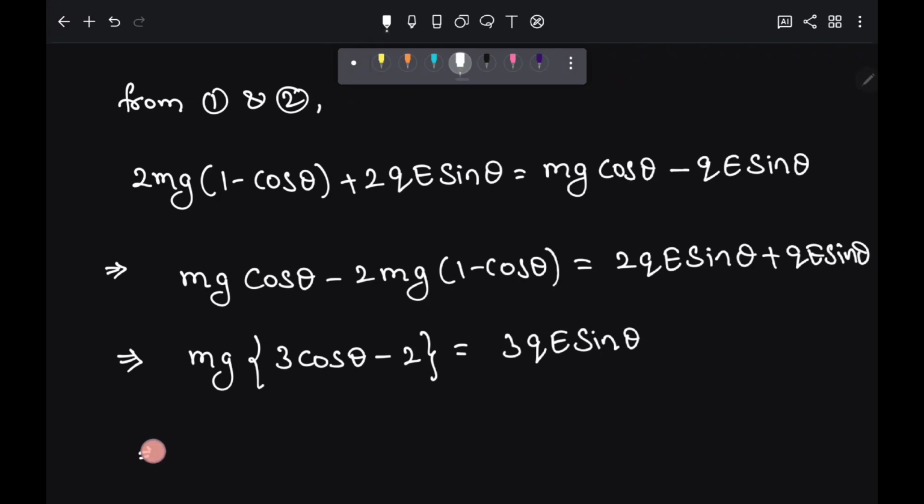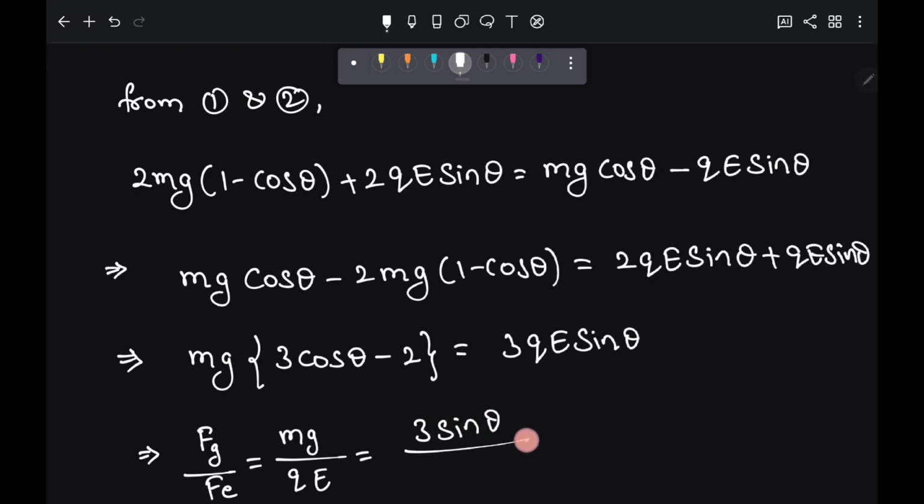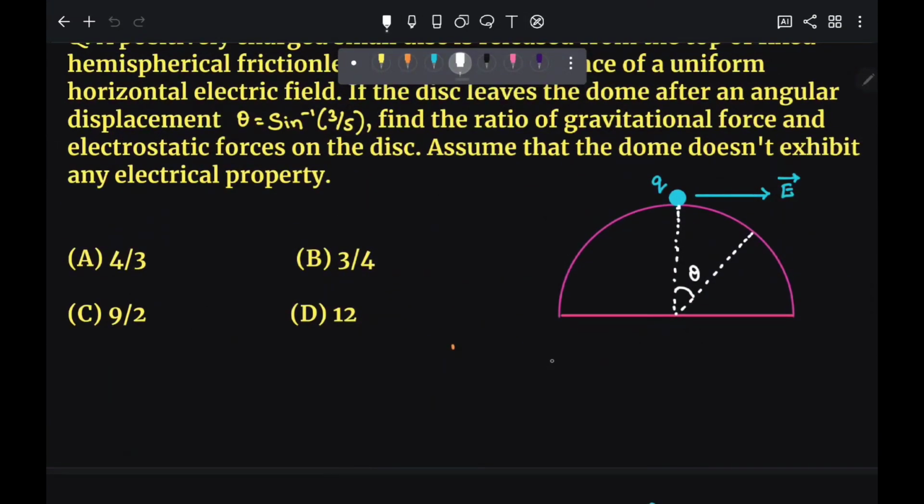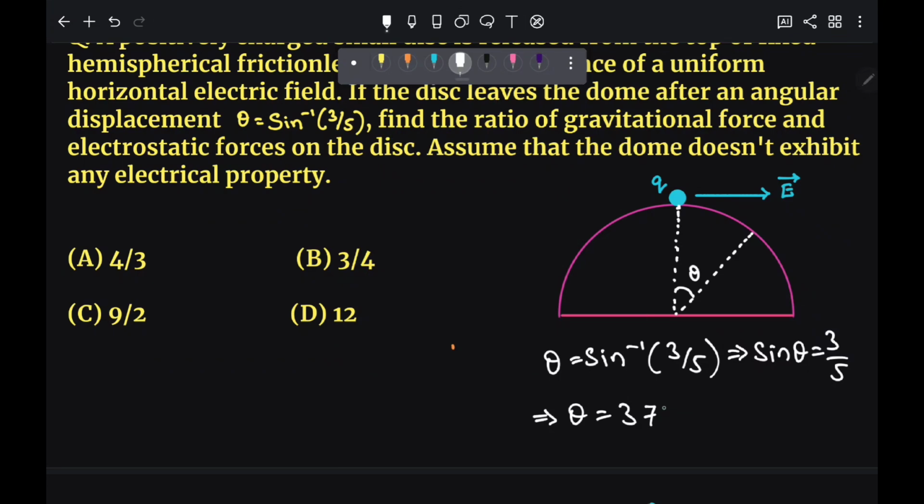The asked ratio is F gravity by F electric, which is mg by qE, which equals 3 sin theta divided by 3 cos theta minus 2. Theta is given as sine inverse of 3 by 5. This implies that sine theta is 3 by 5, which indicates directly that theta is 37 degrees.